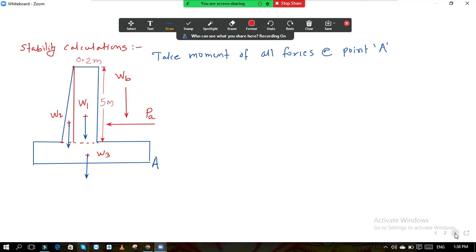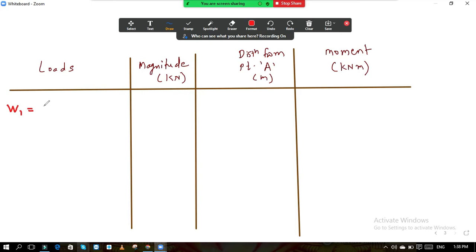So it will be 0.2 into 5 into 25. This is the load. So what is the value of this? It comes to 25 kilonewton per meter.